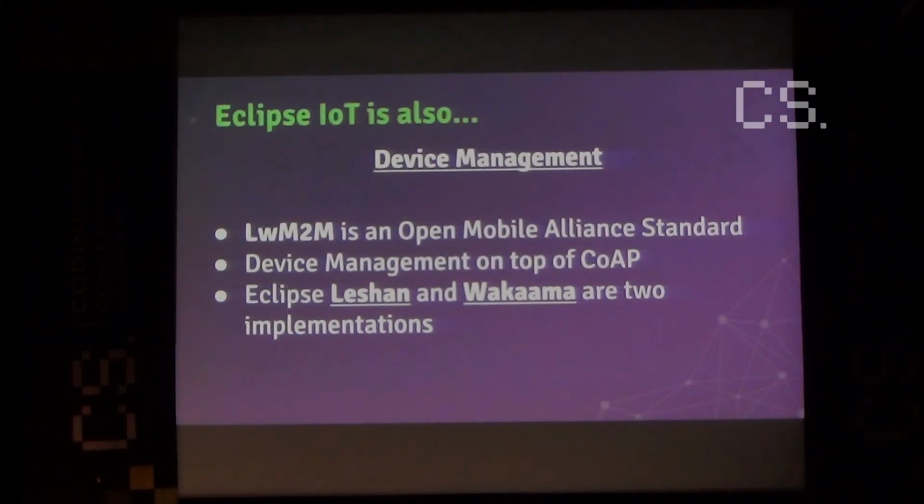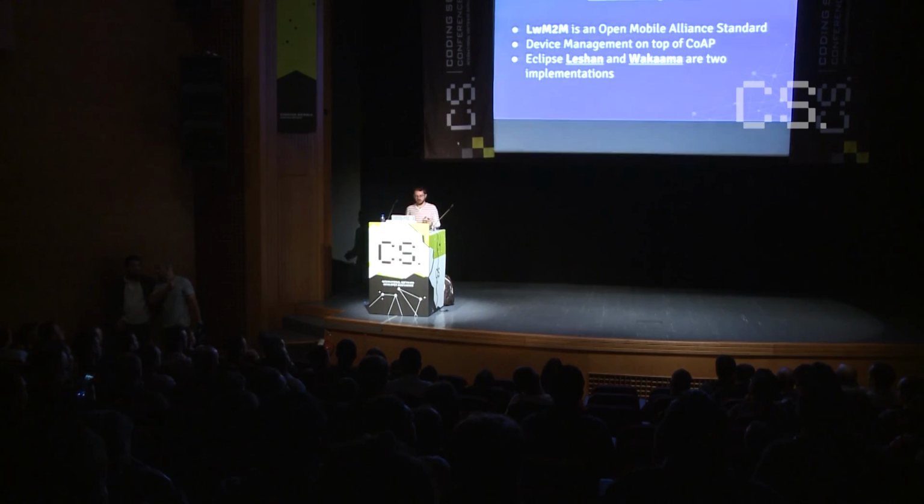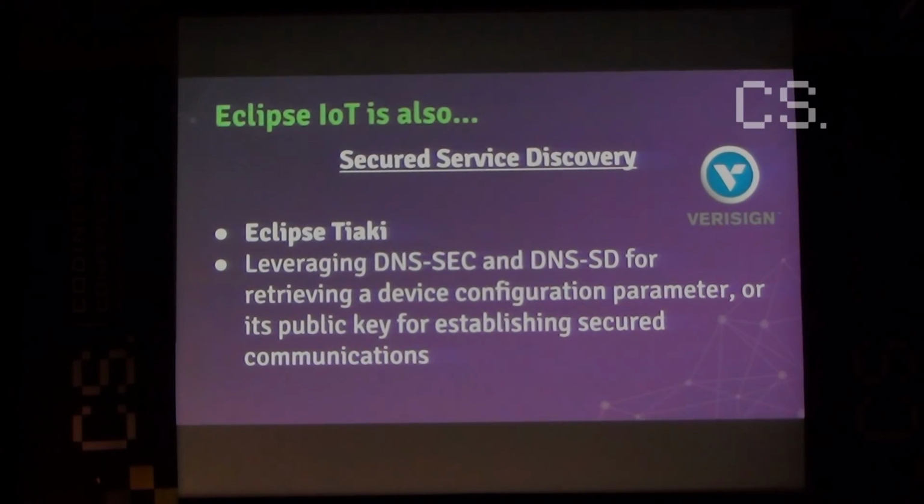If you want to do device management, like we mentioned yesterday with Lightweight M2M and SIM card management and device provisioning, Lightweight M2M is a great standard. Eclipse has 2 reference implementations of Lightweight M2M in Java and in C, called Leshan and Wakaama, so check that out as well. Things around secure discovery by leveraging the DNS infrastructure, that's great stuff.